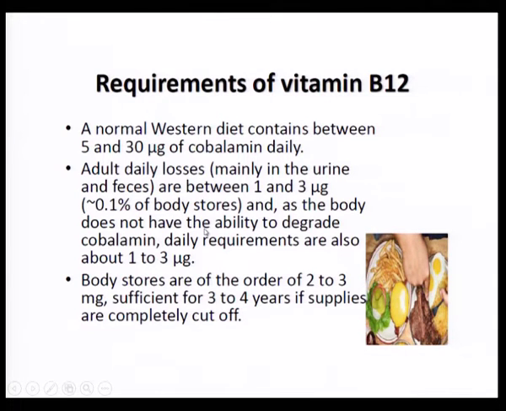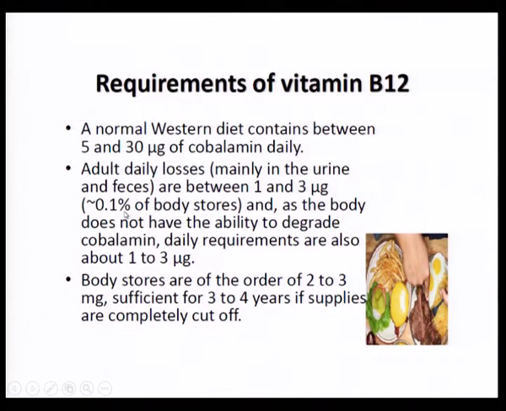The body stores would be about 0.1%, and the body does not have the ability to degrade cyanocobalamin. So the daily requirement would average around 2.4 to 2.5 micrograms. You could have a range of around 1 to 3 micrograms depending on the activity or metabolic requirement of an individual.